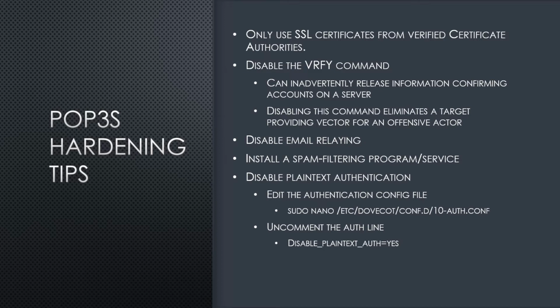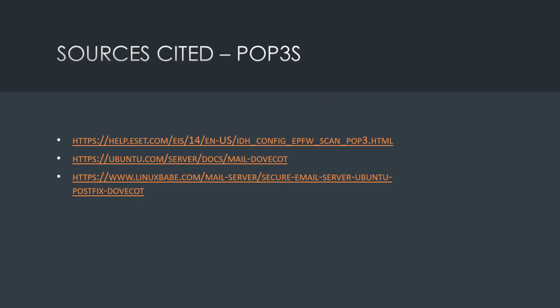There are also a few other steps in my sources cited. One of the sources cited is where I've gathered this information, from Dovecot themselves, so you can see the other lines and options there. And as mentioned previously, here are my sources cited for POP3S.